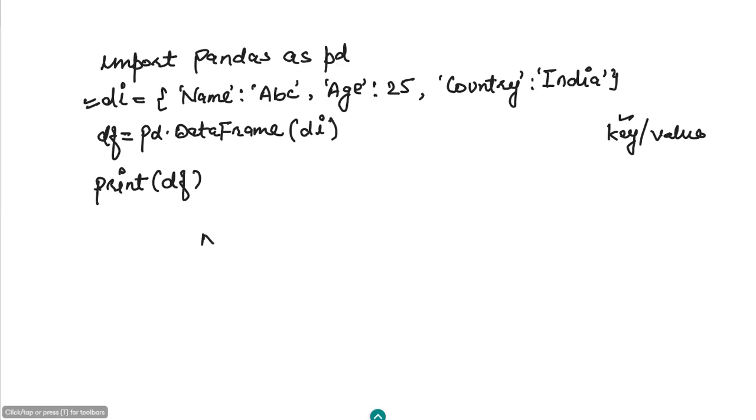The name ABC, age 25, country India, right? And this has a zero index. Okay, so in that way we can create our data frame, right? Let's do practical.